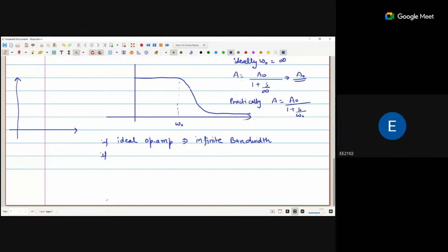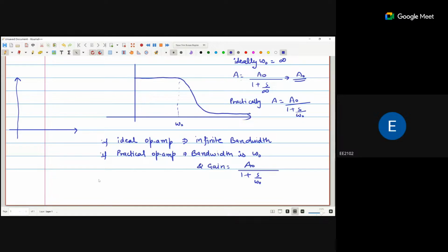But in a practical operation amplifier, the bandwidth is omega naught and gain is A naught upon 1 plus S upon omega naught.